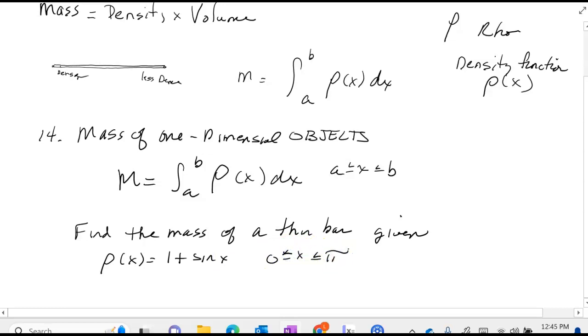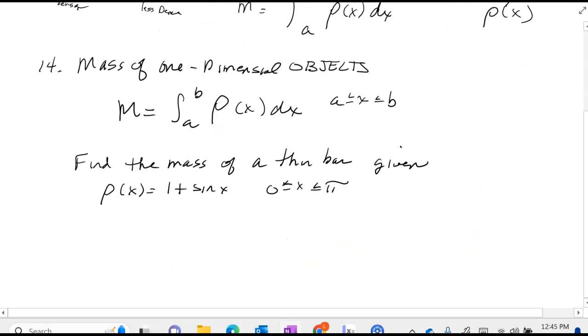As you can see, this is not a difficult problem. We're simply going to take the integral from 0 to pi of 1 plus sine x dx.